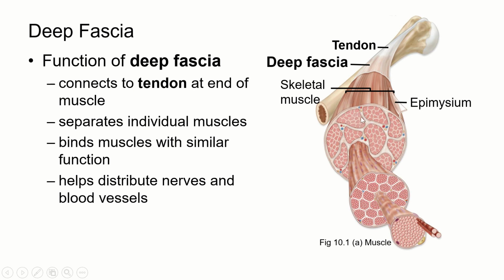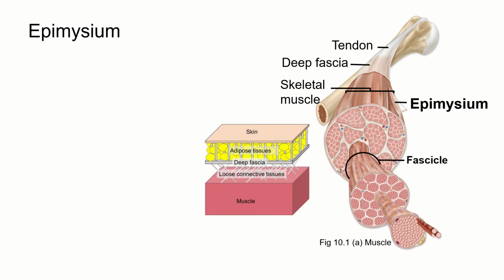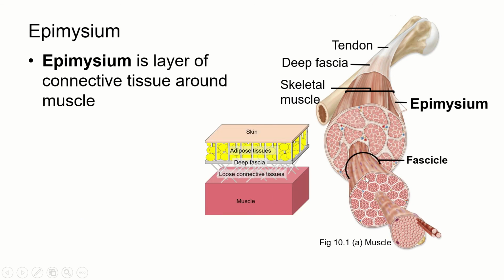We're also going to have other layers of tissue within the muscle that help to distribute these blood vessels and nerves within the muscle tissue itself. And then the deep fascia is also important for filling spaces between muscles because the shape of the muscles doesn't necessarily fill in all the space. All right, the epimysium is deep to the deep fascia.